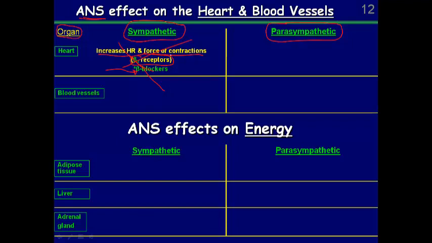They don't increase the force of the heart contractions, they decrease the force of the heart contractions. So beta blockers are used to kind of relieve the heart. Quite often a sick heart works too hard. So if we have a patient that has cardiovascular problems and that heart is working too hard, they can administer and give that patient beta blockers to relieve that heart.